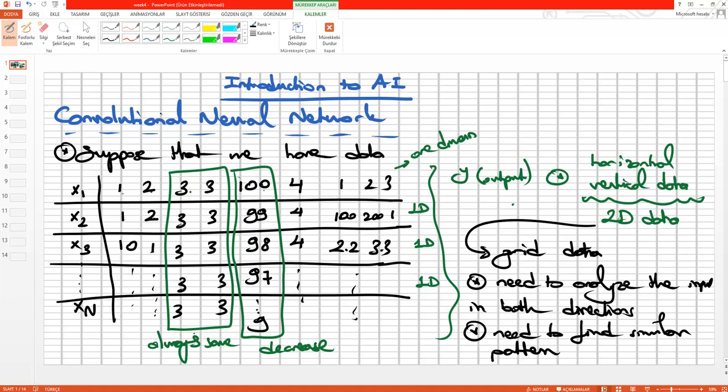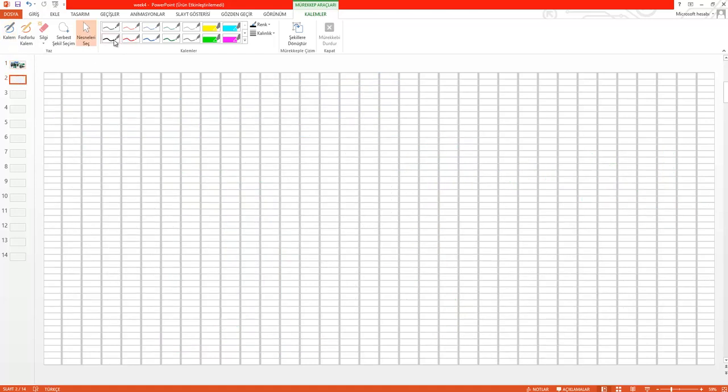Okay? For example, if we have this information in here like this one, in biomedical signals we can use the ECG to what? To build a classification problem. For example, when I analyze this data, I can assign the what to some conditions or the illness or the unhealthy conditions. Okay?